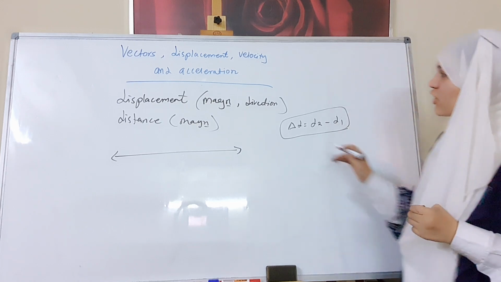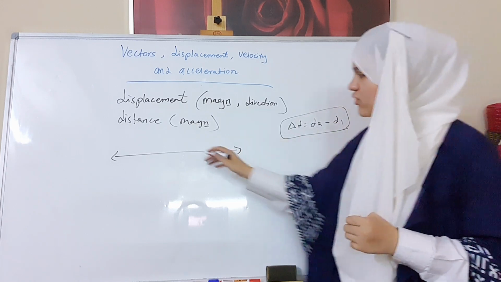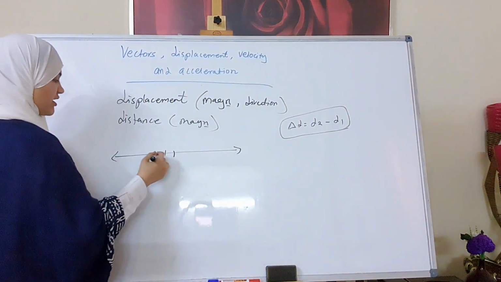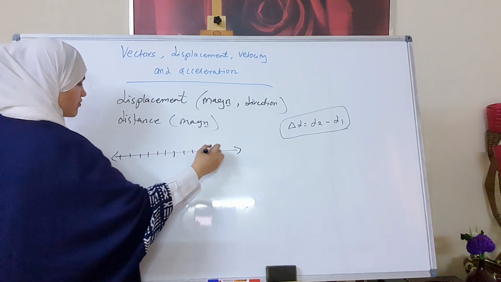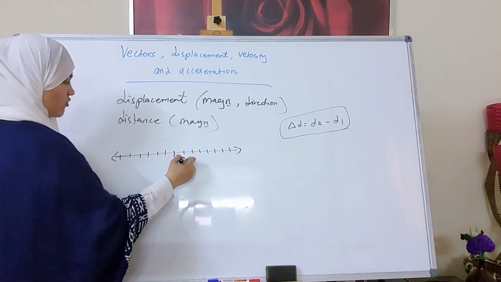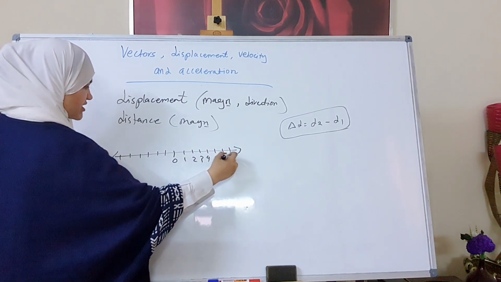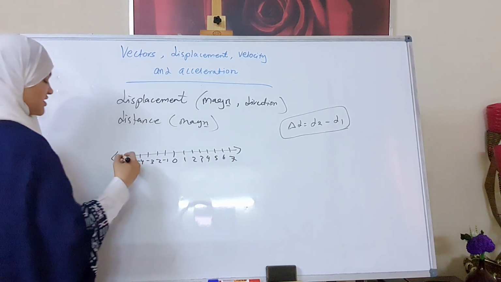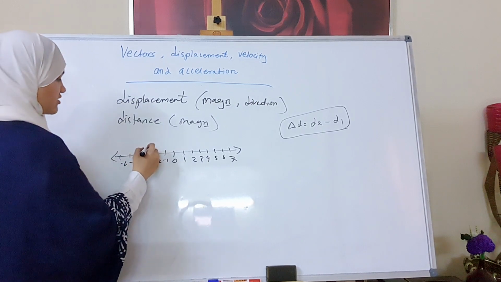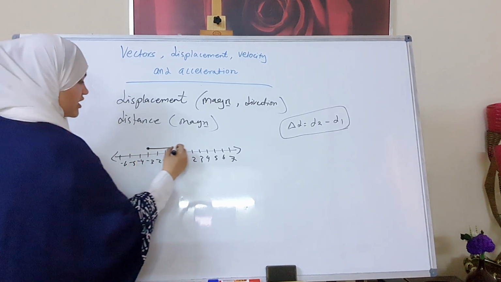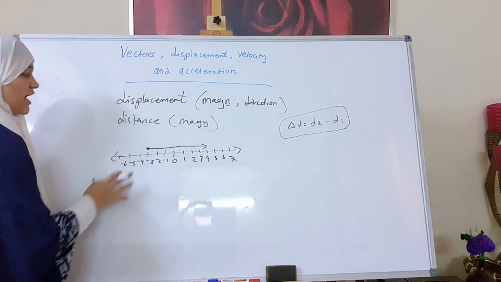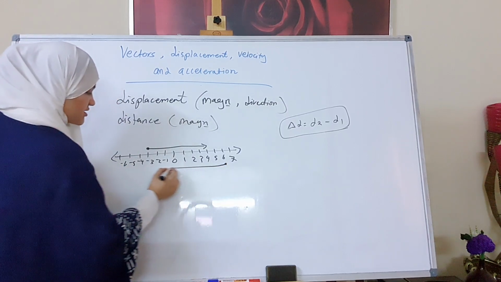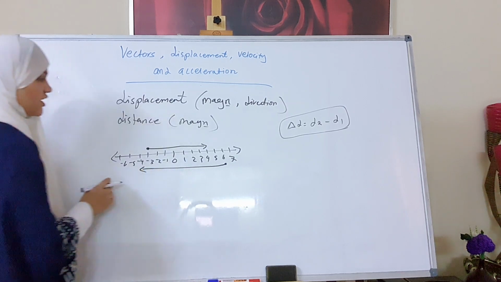So right now what we have is a number line, with 0, 1, 2, 3, 4, 5, 6, 7, and negative 1, negative 2, negative 3, negative 4, negative 5, negative 6. Our runner starts from negative 3 until he reaches 4, and starting from 6 he stops at negative 4 here.